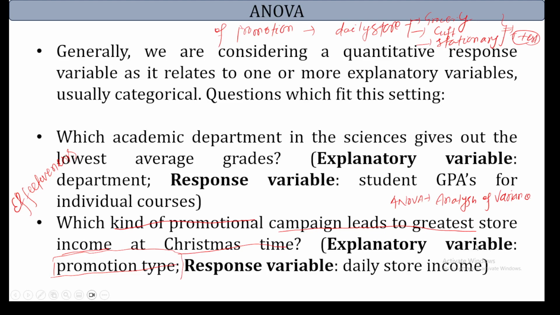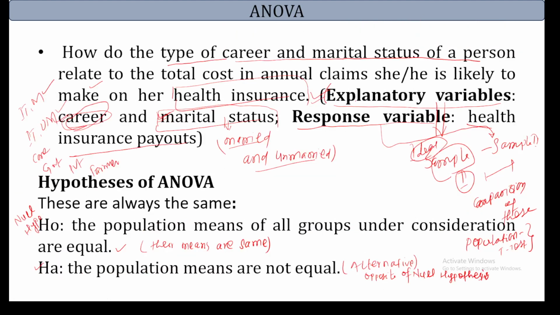The promotion type, then daily store income. Then, how are the type of career and marital status of a person related to the total cost of the annual income she is likely to spend on her health insurance? For that we can apply the ANOVA test. The explanatory variables are career and marital status, and the response variable is the health insurance payout.